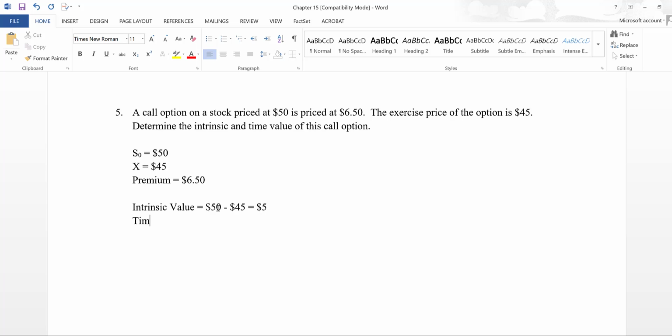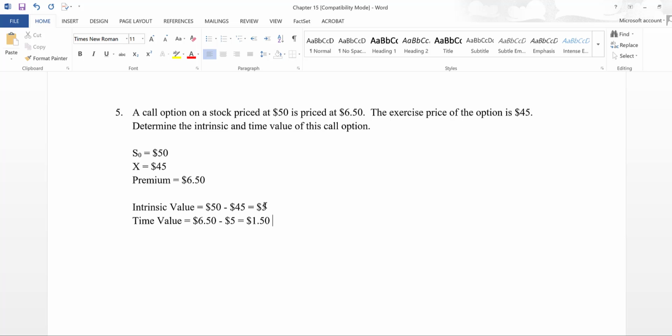And what is the time value then? The total premium is made up of two components, the intrinsic value and the time value. So you're paying $6.50, or the price of this option is $6.50. Out of that, $5 is the intrinsic value. So anything extra that you're paying on top of intrinsic value is the time value.